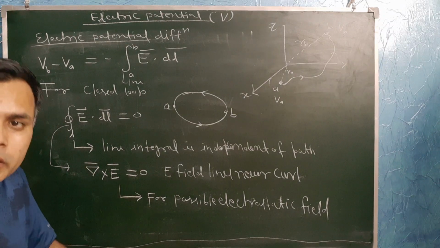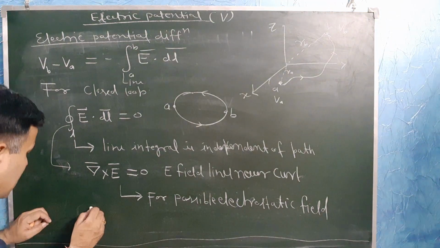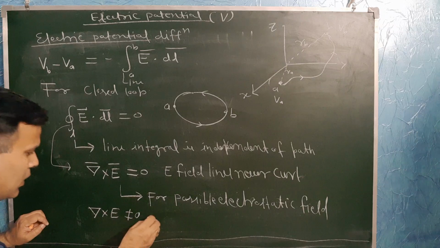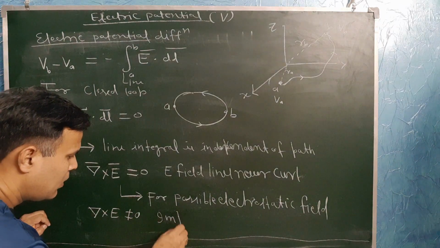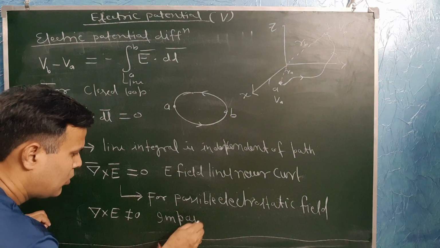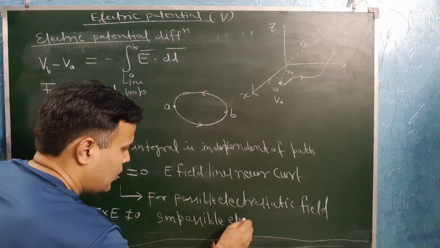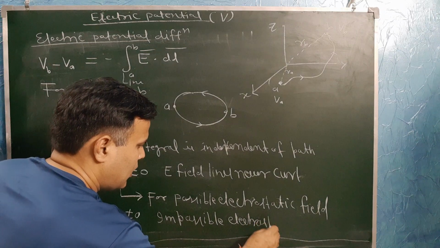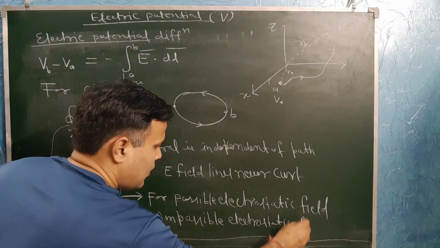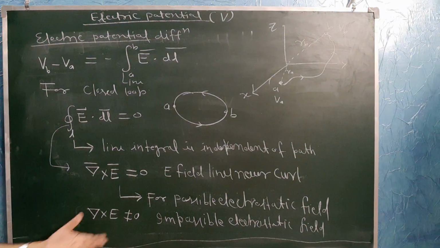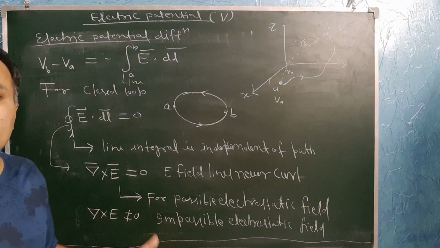And for an impossible electrostatic field, del cross E is not equal to 0, which is impossible for electrostatics. So these are very important pieces of information which will help to solve the examples.